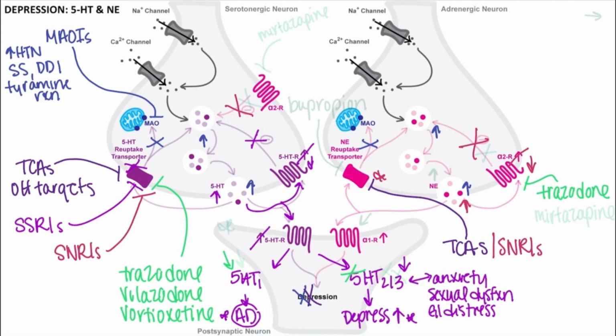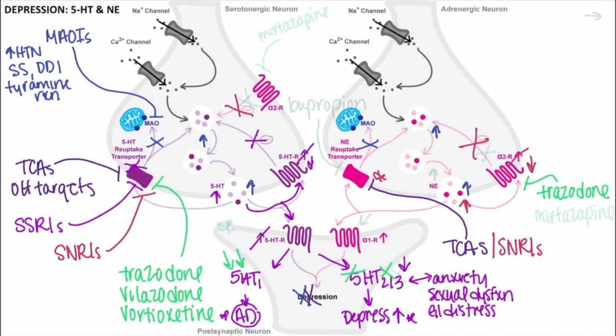And vortioxetine has agonistic effects at these antidepressant receptors as well, and antagonistic effects at the serotonin receptors like our HT3 subtype that are depressive. So these additional effects are thought to help relieve some of the side effects associated with that receptor desensitization and downregulation phase from that surge of serotonin non-specifically hitting both the antidepressant and depressant serotonin receptors. And we will revisit the ADR profile again.